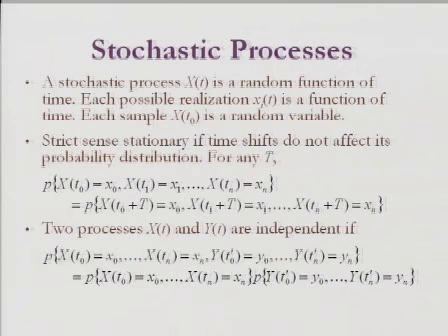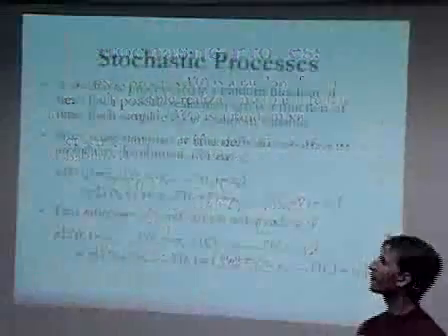So make sure that you familiarize yourself with them. So let's start with the definition. A stochastic process is a random function of time. So you can see it as a random variable that changes with time. So we're going to call it capital X of t, for example.